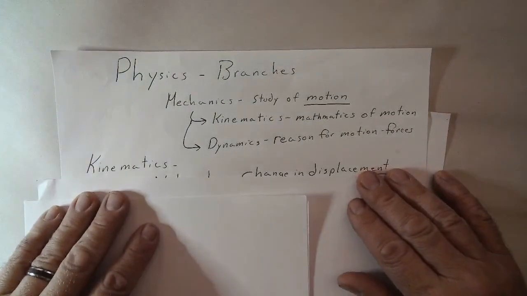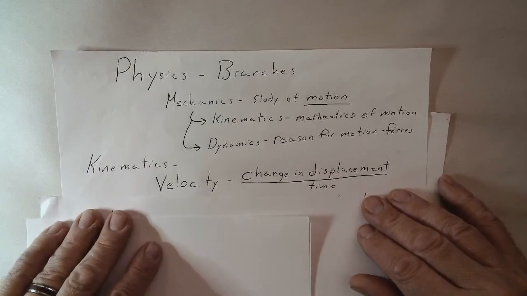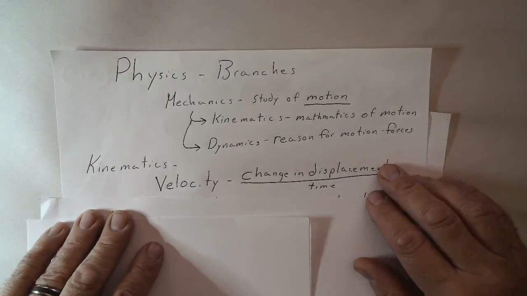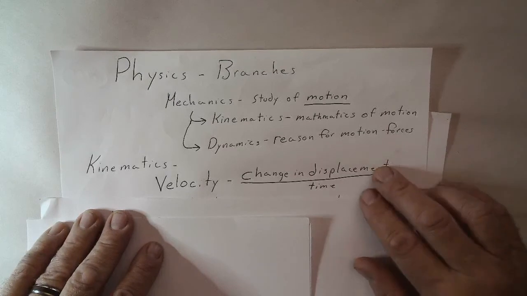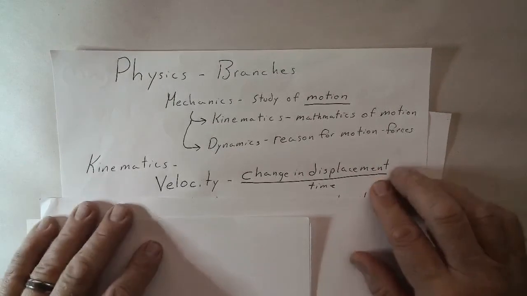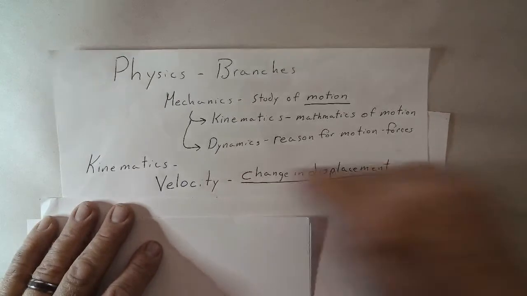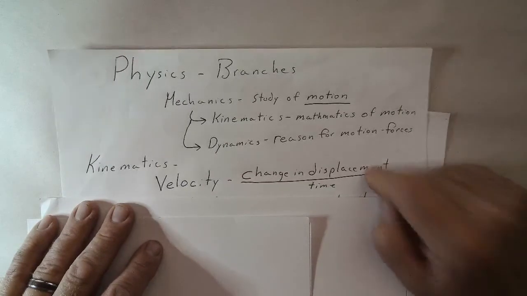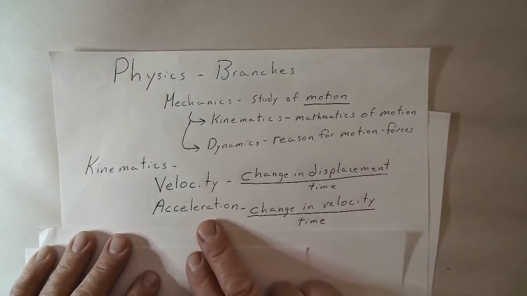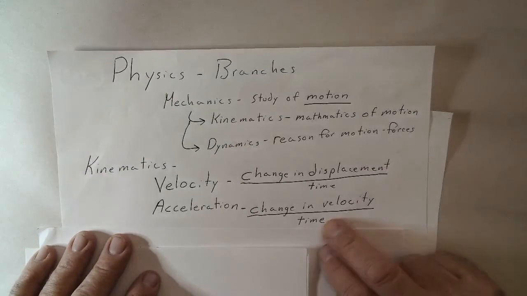To start with kinematics, the most basic of all concepts is velocity, which is just change in displacement over time. And we'll get to what displacement is and how it differs from distance. But velocity is the change in displacement over some period of time. The next concept is acceleration, which is the change in velocity over time.